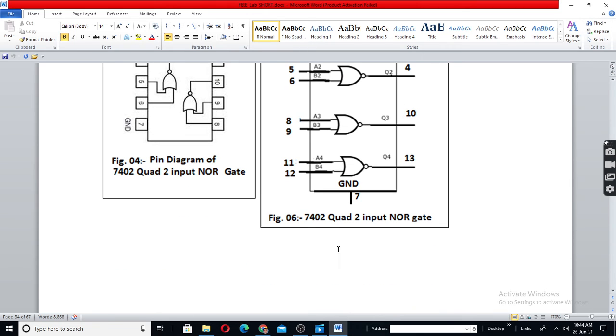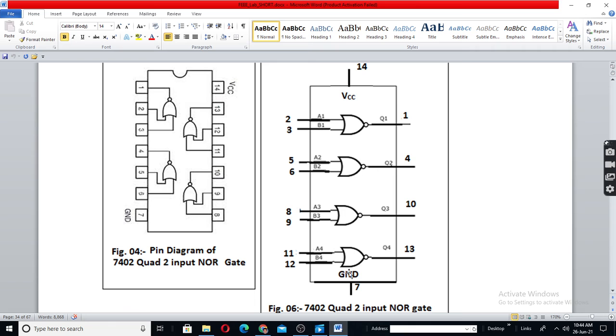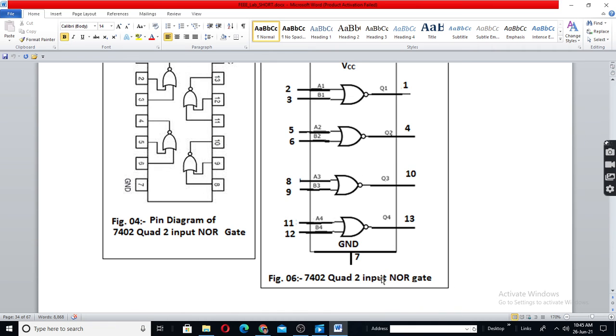See, 7402 is called a quad 2-input NOR gate. Quad means 4. So there are 4 gates. Each gate is a NOR gate having 2 inputs.